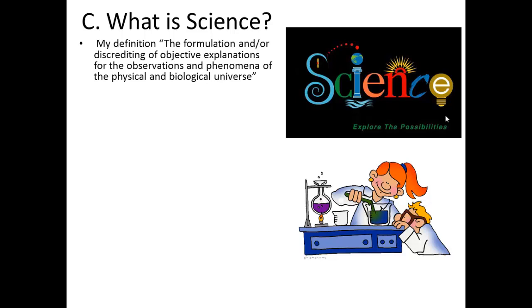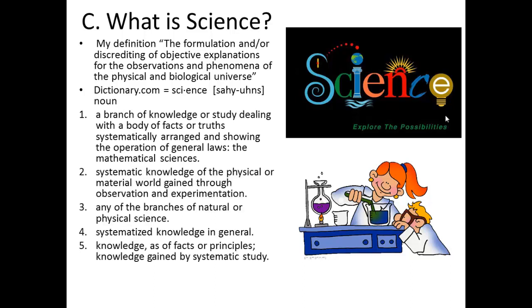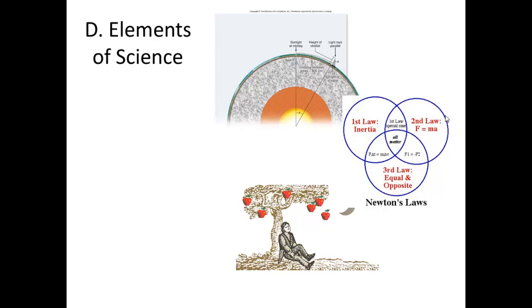So really taking into account theories for how and why things work, and then there's a process there for testing those theories. And here's a couple other definitions that I'm not going to go over, but this is from dictionary.com. All of them, you can see, have this idea of a process whereby you find what is actually true and discard what isn't.